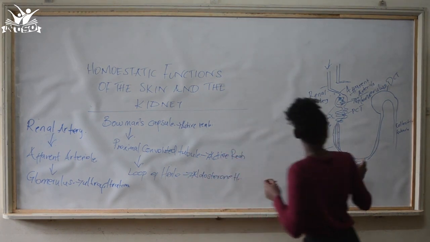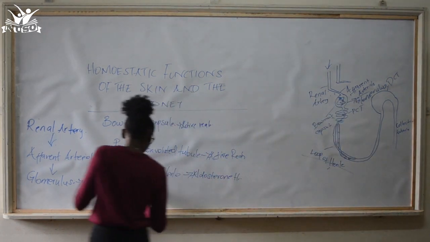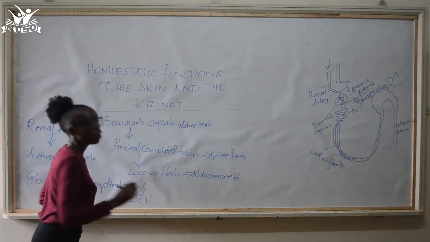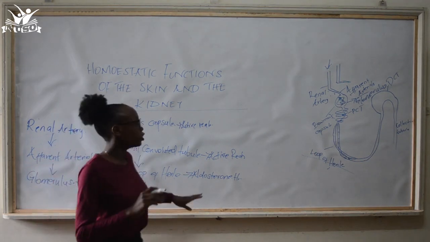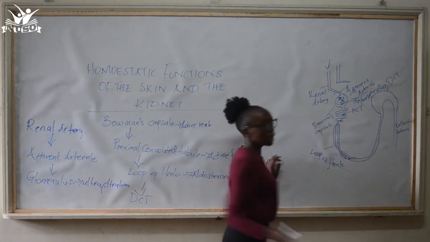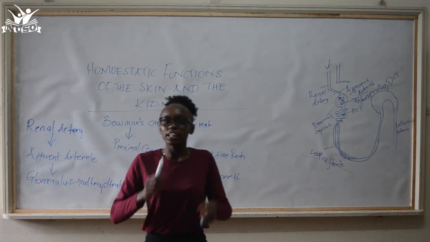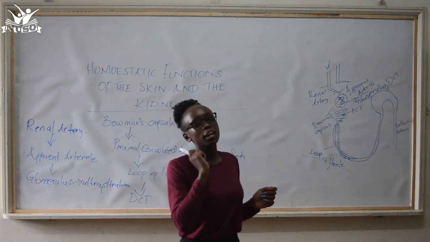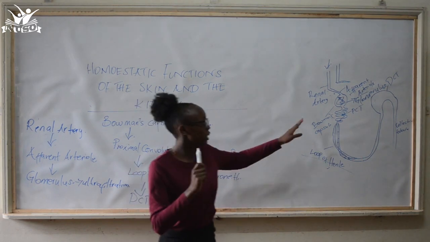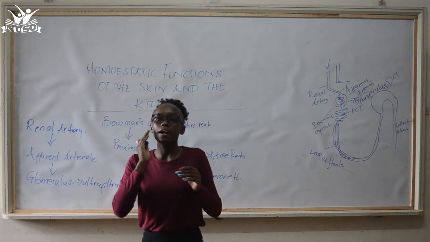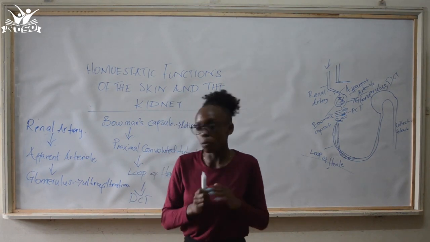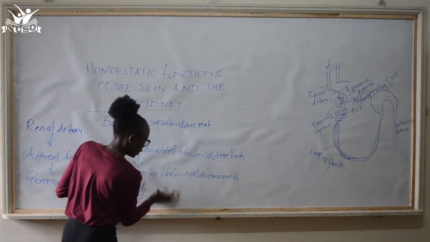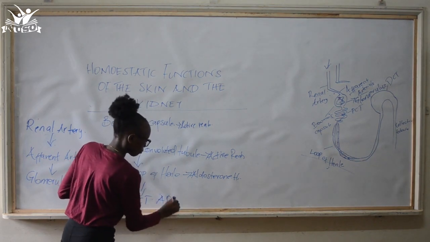After this, the filtrate moves to the distal convoluted tubule. Immediately the filtrate reaches there, impulses are sent to the hypothalamus in the brain, and the pituitary gland is stimulated to produce the antidiuretic hormone, also known as ADH.